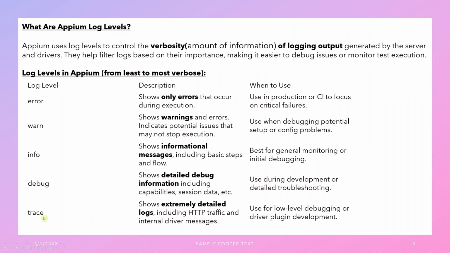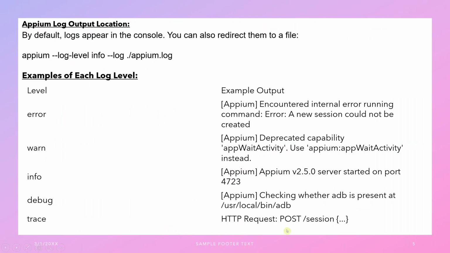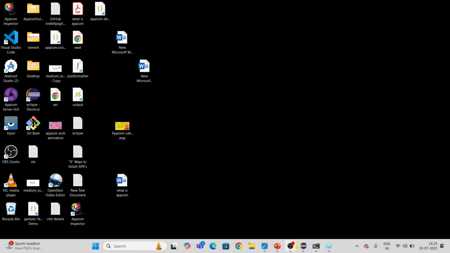One more we have is trace. Here there is no need to mention it, it automatically comes. It gives extremely detailed logs, including HTTP traffic and internal driver messages. An example is the POST request. We have seen, when starting our APM server, that the client sends some messages.